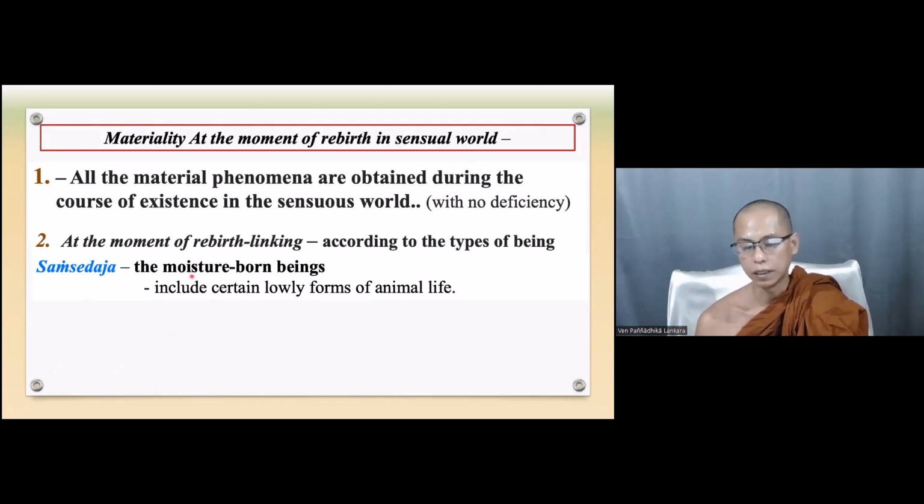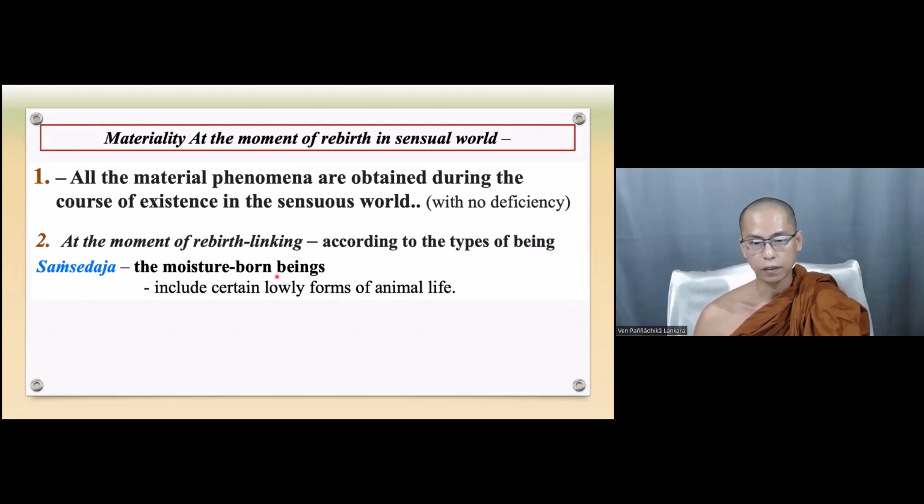The moisture means in your hand, including the bacteria and some virus. If they were born in the moisture, they are included in certain lowly forms of animal lives. But some viruses are included in the beings, and some viruses are not included, because if they have only materiality, we are not counting them as beings.